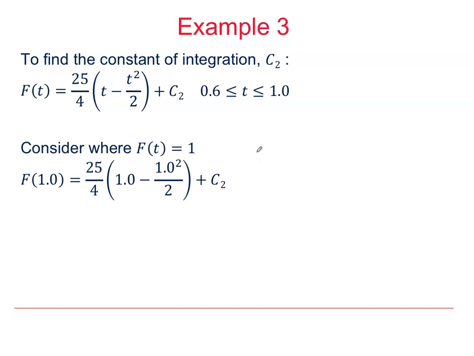Now we can consider that where t is equal to 1.0 hours, then F of 1.0, that cumulative probability, which represents the probability that t is less than 1.0, is going to be 1. Substituting in, F of 1.0 is 1, which equals 25 over 4 minus 25 over 8 plus C2.